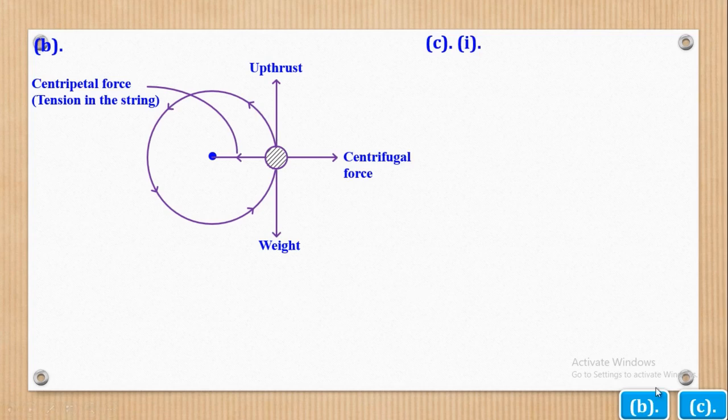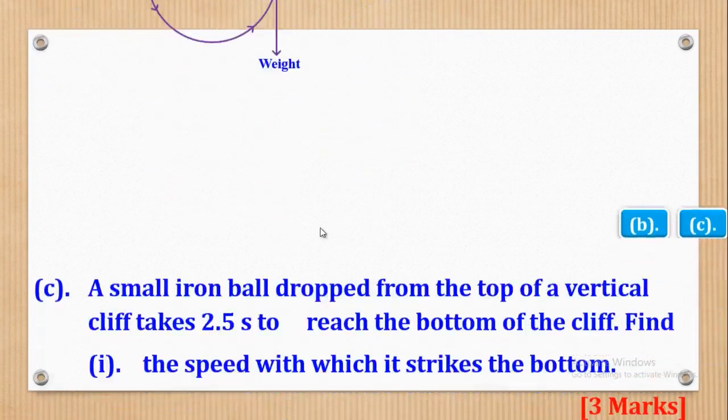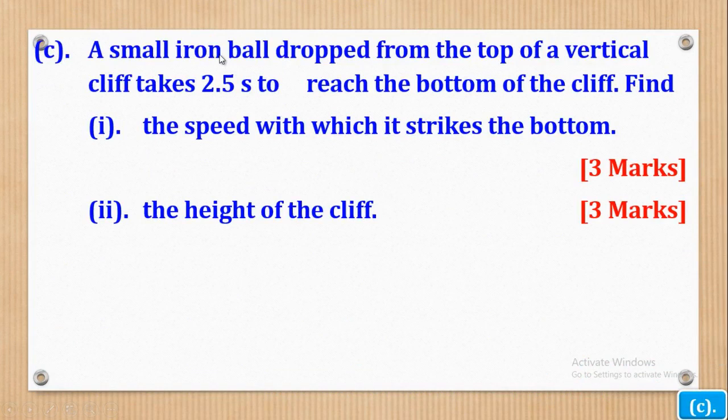Now we shall go to part C, Roman 1. Part C says a small iron ball dropped from the top of a vertical cliff takes 2.5 seconds to reach the bottom of the cliff. Find, Roman 1, the speed with which it strikes the bottom.